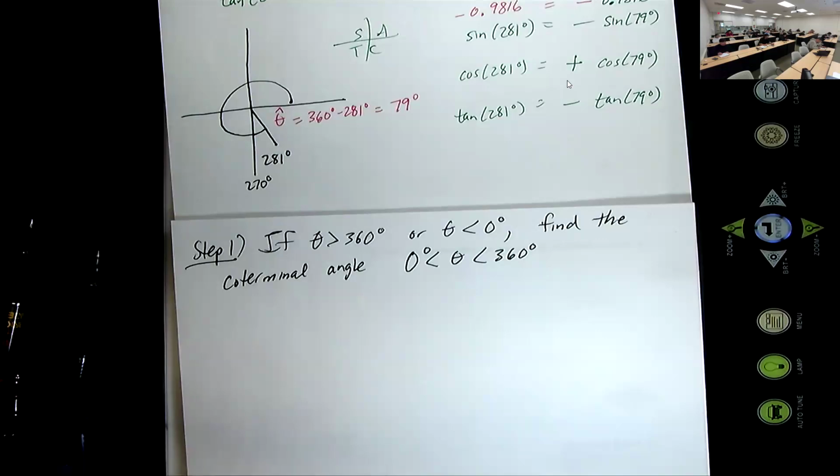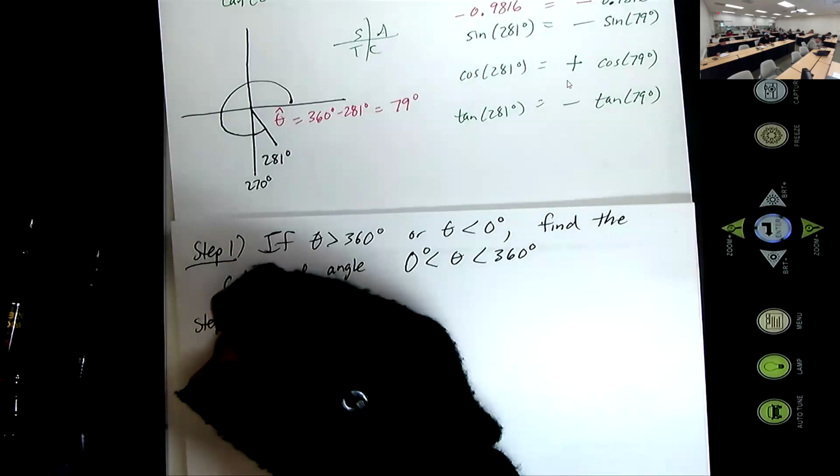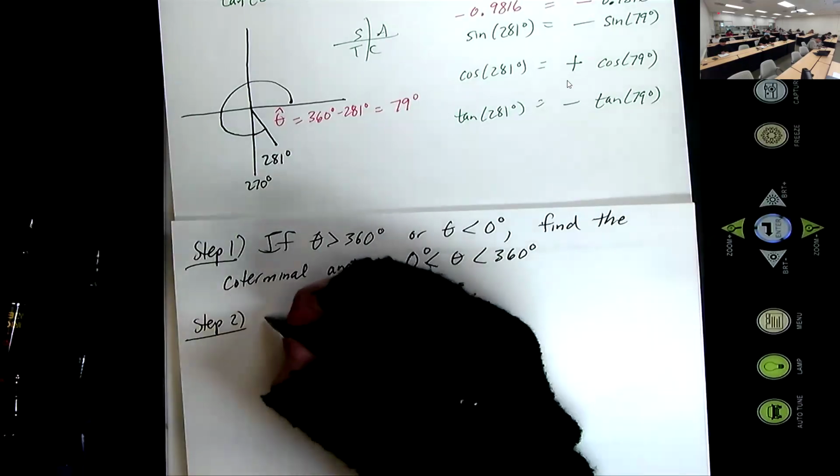Like add 360 or subtract 360 as necessary to get down into this region. Step two. Find the reference angle.